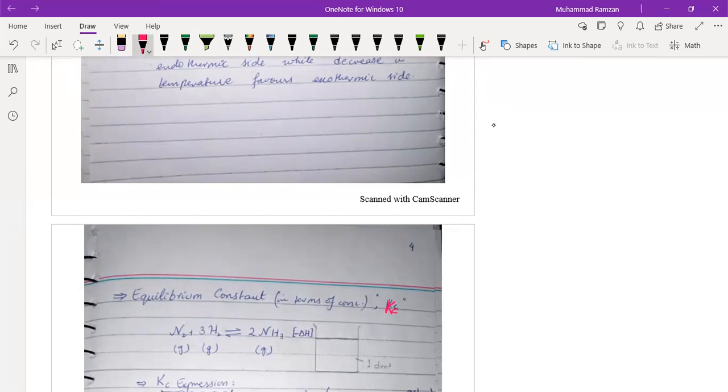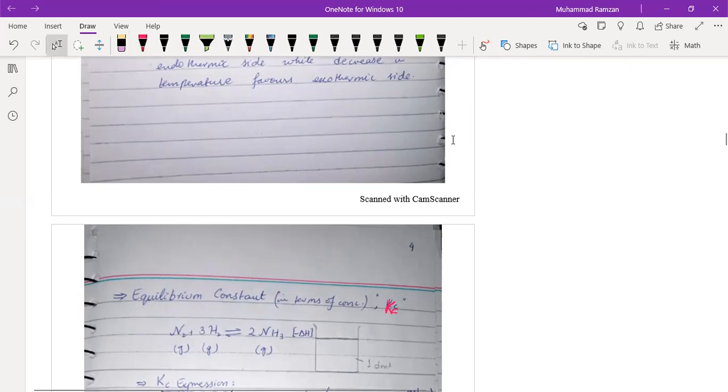Or you can simply say, it is the concentration of products at dynamic equilibrium and the concentration of reactants at dynamic equilibrium, and it is the ratio of both. So basically, this is the ratio.